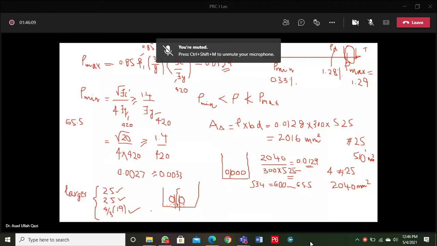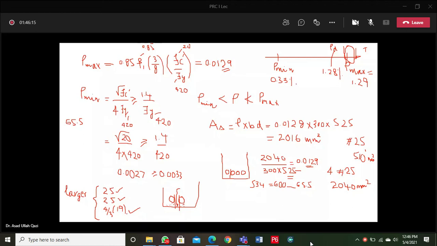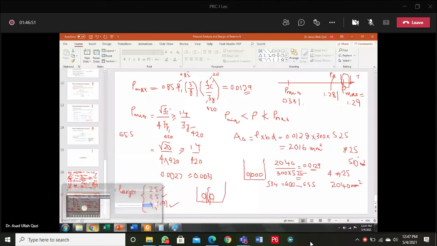So in our case, what would be the governing clear gap, which will govern: 4 by 3 into 19, or 25? Are you there?